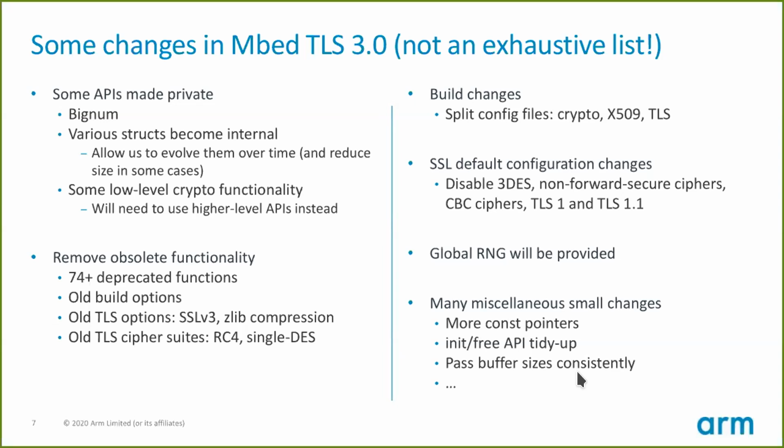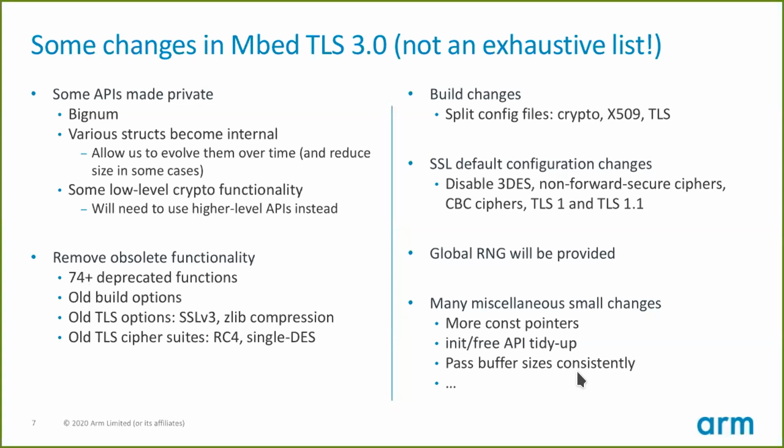In addition to the bignum module, there are also many structs that have a public layout, and we don't really say, oh, you should not look into how an AES context is constructed because, hey, your code might not work in a future version of the library. So things like the exact layout of an AES context will become opaque, like the way it currently is in the PSA API, where you have a pointer to a cryptographic operation context.